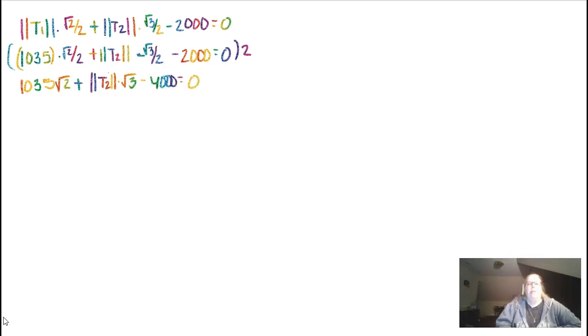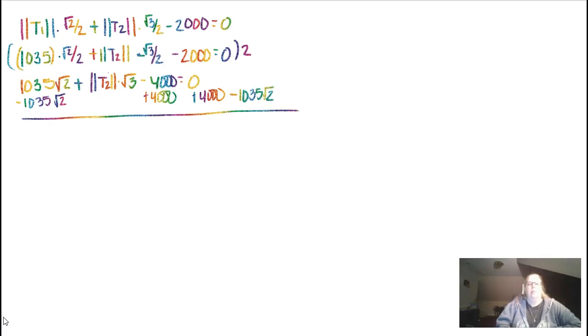All right, here's my variable. Let's add the 4,000 to the other side. And I can actually subtract this one to the other side as well, because this is a like term with that 4,000. This is going to leave me with the magnitude of T2 times the square root of 3 equal to 4,000 minus 1,035 times the square root of 2.